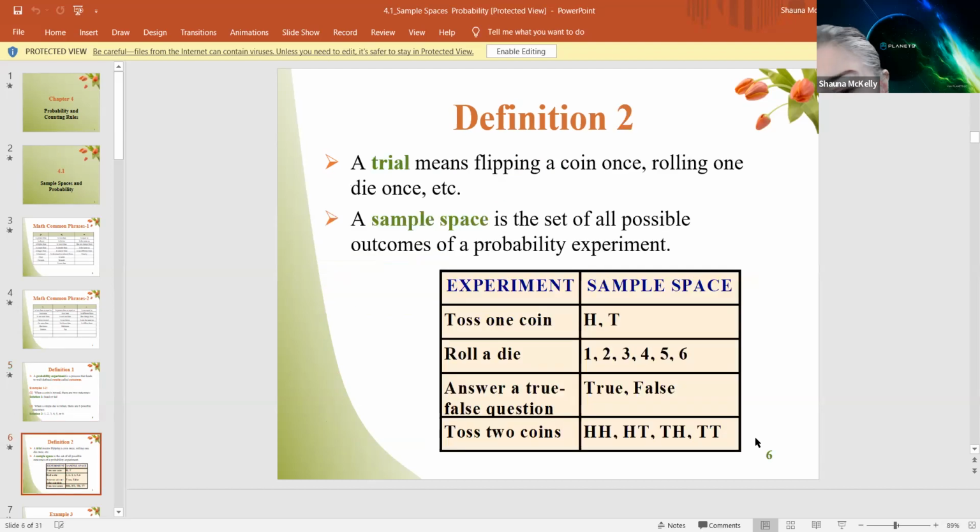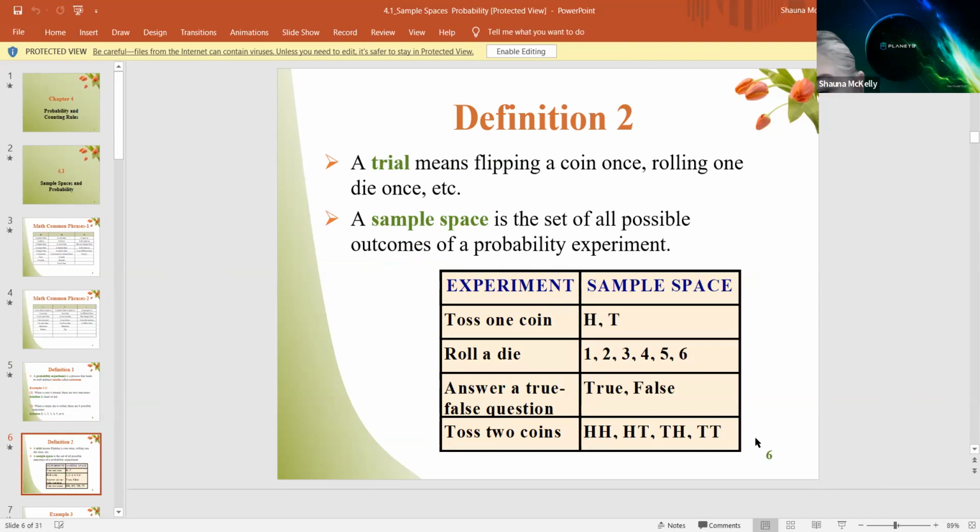And here we have a trial. She hasn't mentioned that, but if you see that, a trial means every time you do it once. So you could do it 100 times, you would have 100 trials if you did that. A sample space is a set of all possible outcomes. Doesn't mean that every time you do it, you're going to get every outcome.